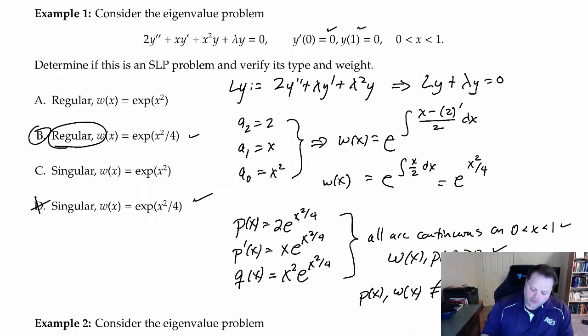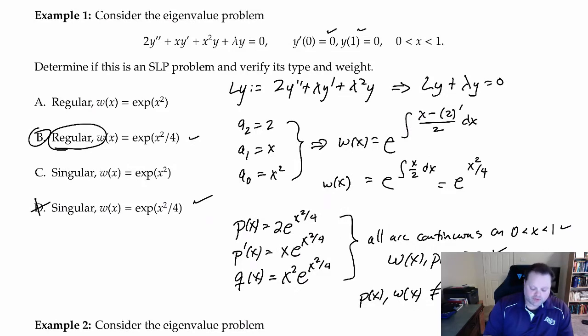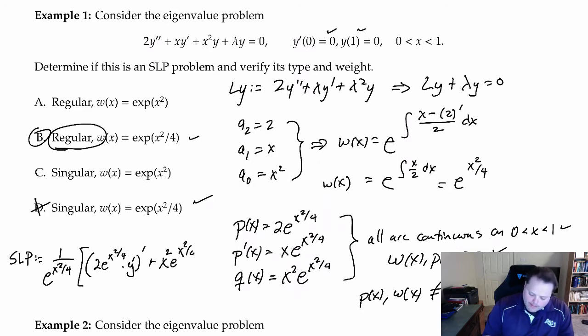Oh, I probably should have written the form over here. Let me back up to this first problem and write the SLP form. So the SLP form for this problem is 1 over W of x, times the derivative of P of x times y prime, plus Q of x times y.